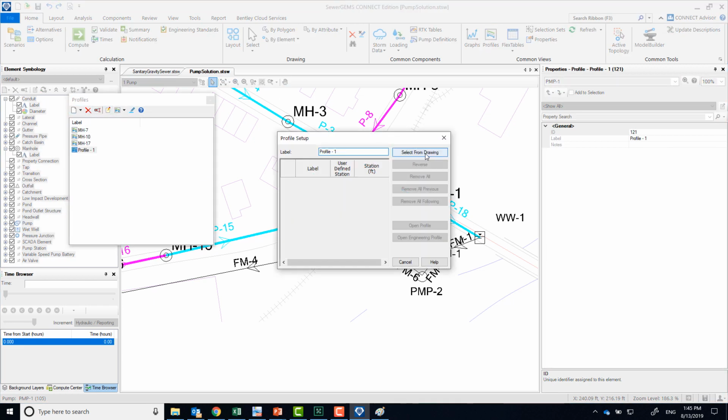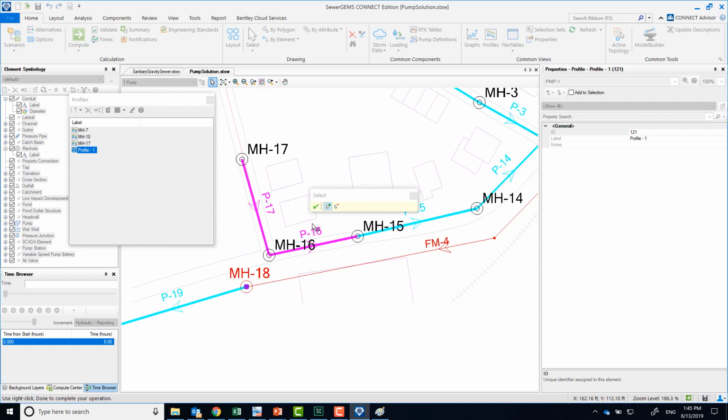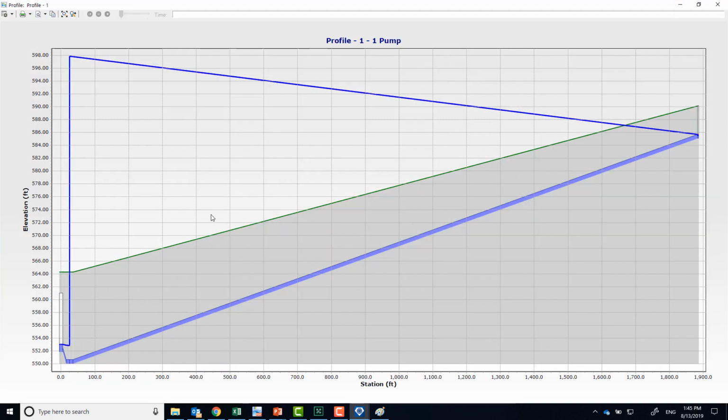I'm going to create a quick profile here. I'll spend a little bit more time on the first one so that we understand this crystal clear. All right, so this is the wet well here. Remember, elevation 553, that's the water level. And it has to bring it all the way up to here at 585, which is the manhole, right?